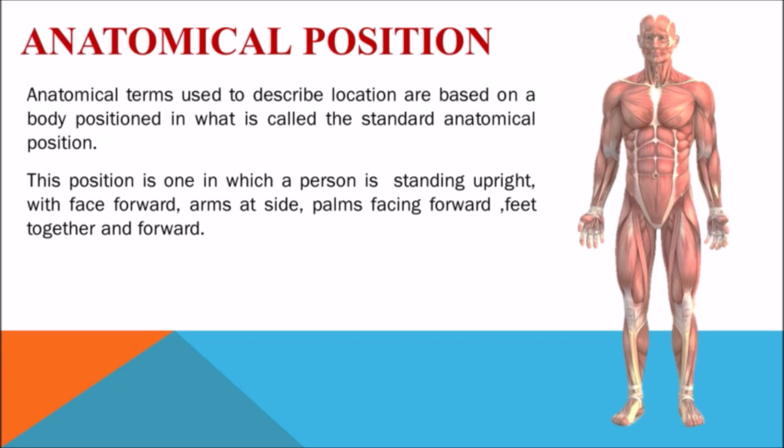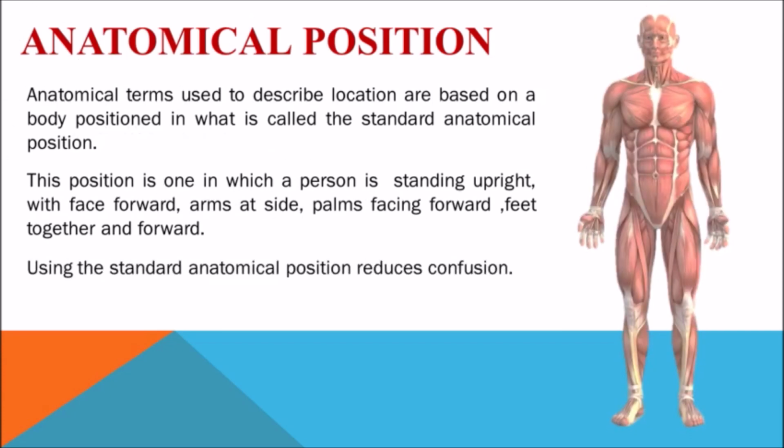So in the standard anatomical position the person is always standing upright. Next, the face is forward, arms are at the side, palms facing forward, feet together and forward. This is the anatomical position which we use in order to study the anatomy of a particular structure or organ.